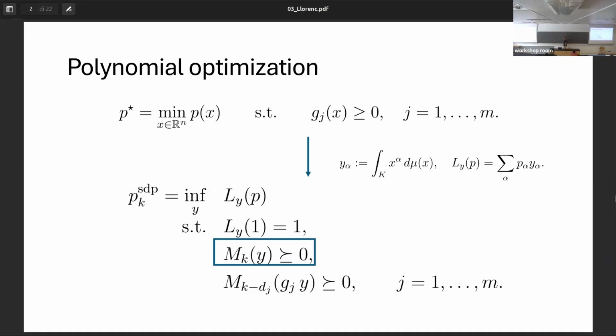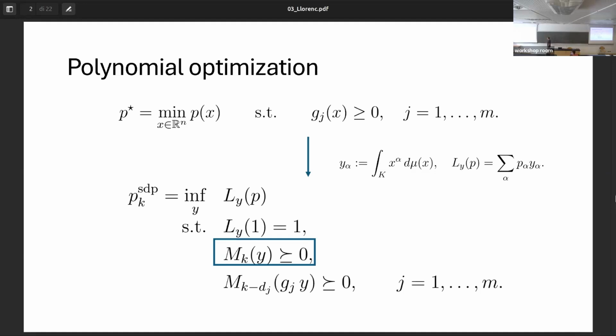So to do this, we want to globally minimize this, so we use the moment SOS hierarchy. I'll be very brief with this because people introduced it already. But basically what we do is go from the problem in x to a problem in a probability measure, this mu. This probability measure defines some sequence of moments, this y.